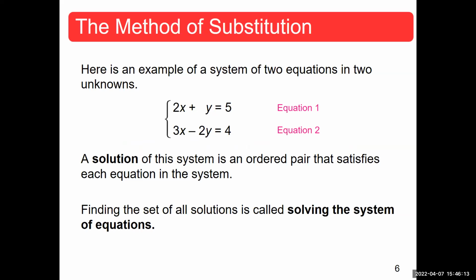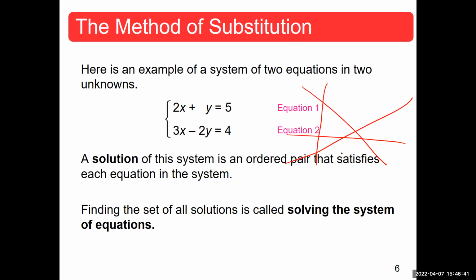Method of substitution. We're going to learn two methods to solve a system of equations. This is called a system of equations. What is a system of equations? It's just two lines, right? Now, if I plot those two lines, for the sake of argument, one is going this way and one is going that way.